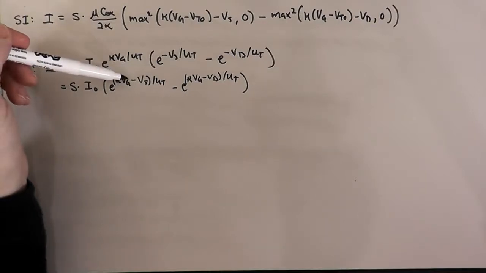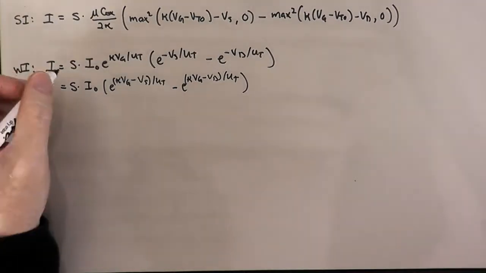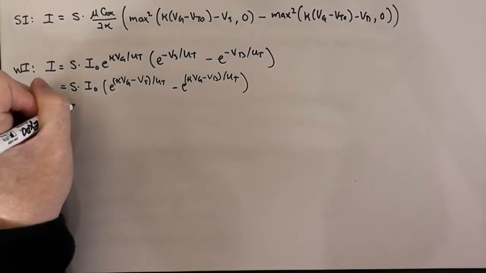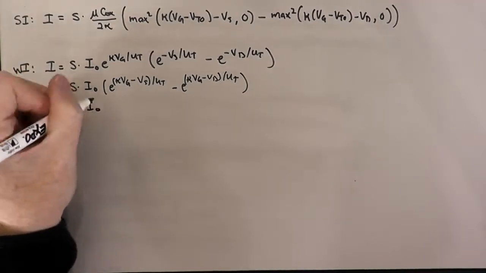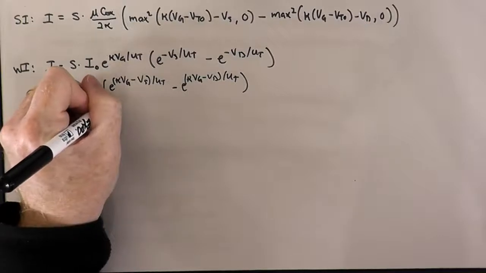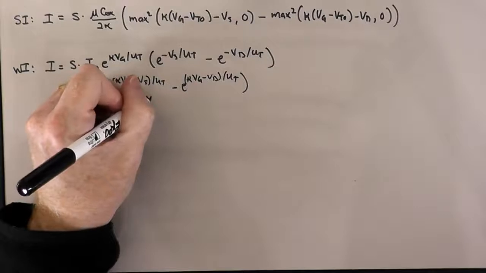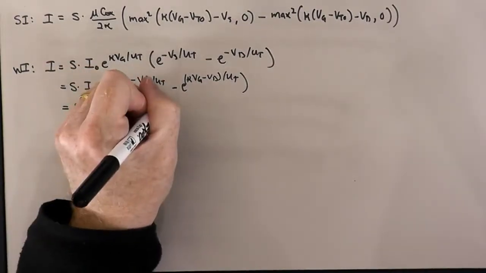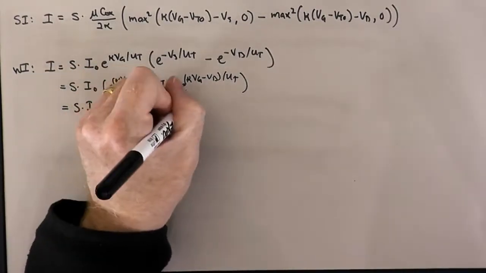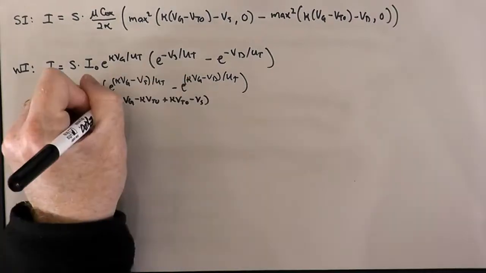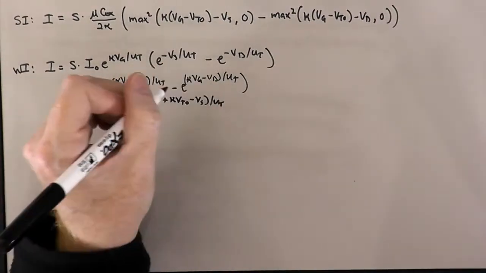But we can actually pretty easily put that in. We can always add 0 in whatever form is convenient. So in this case, we could add 0 in the form of kappa Vt0 minus kappa Vt0. And doing that, we would get something like S times I0 e to the kappa Vg minus kappa Vt0 plus kappa Vt0 minus Vs over Ut.